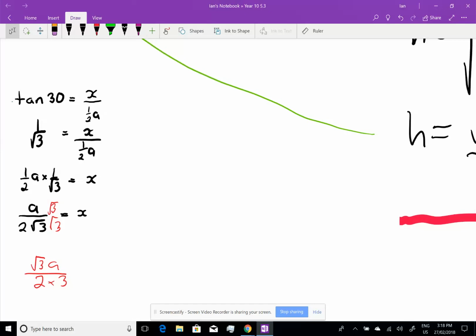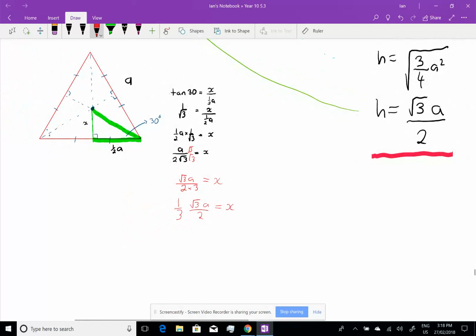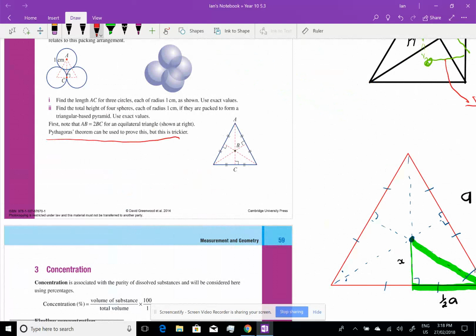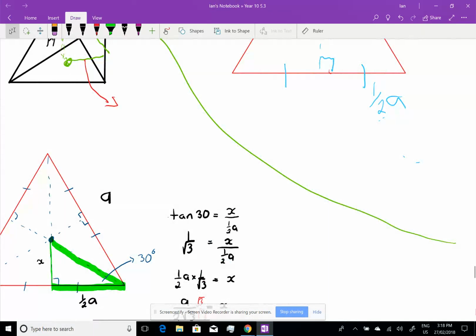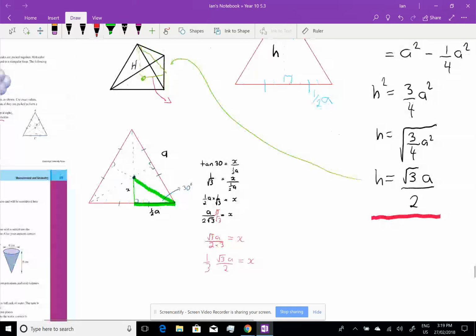So X, if I bring that third out the front, is a third root 3a on 2. It's a third of the way in. So, can you do it using trig? But over here in your textbook on page 58, now that I know that distance is a third root 3 on 2a, I can now do it properly.